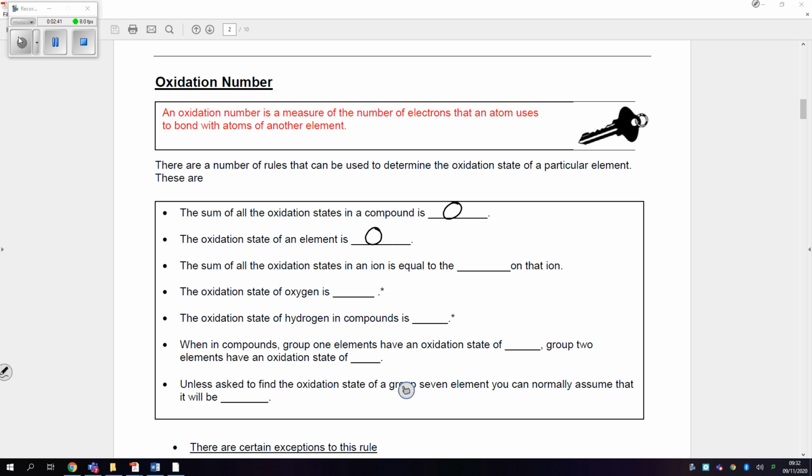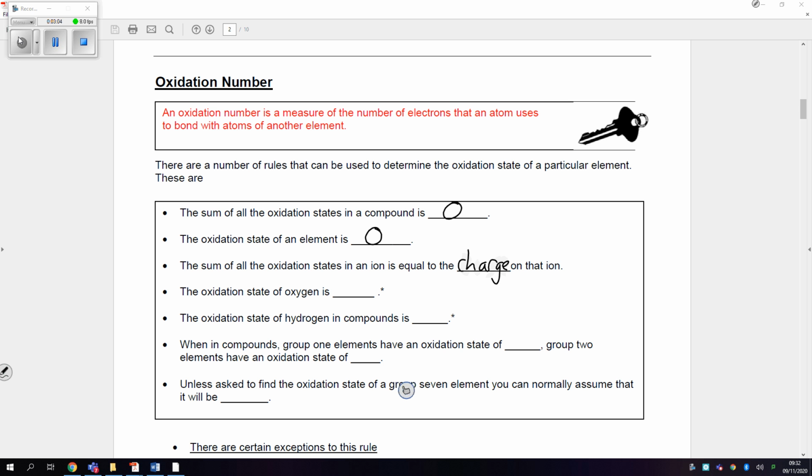H2, O2, N2, Na, Mg, S8, P4, they all have an oxidation state of 0. The sum of all the oxidation states in an ion is equal to the charge on that ion.